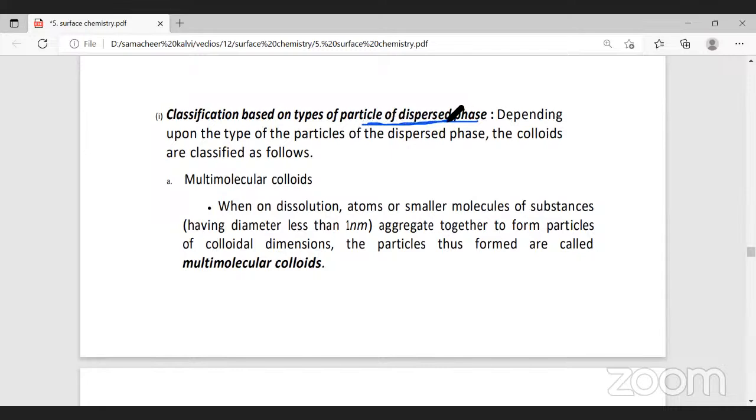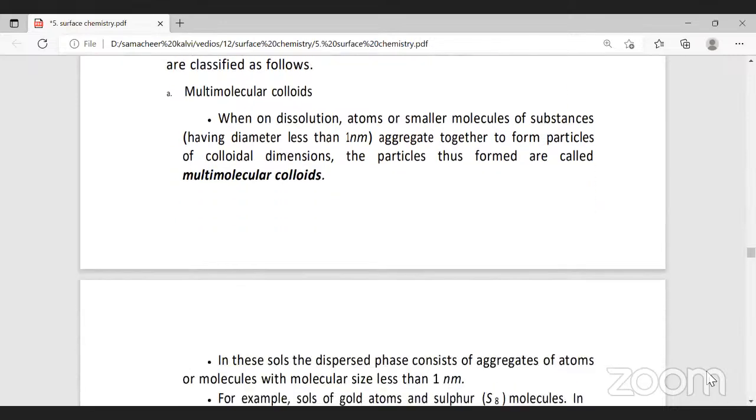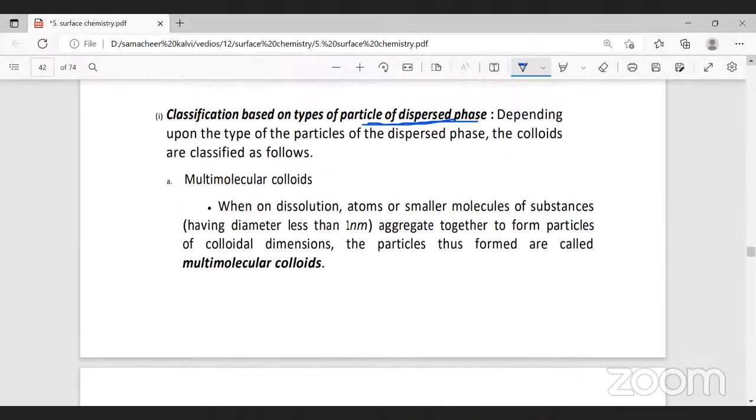Types of particles. Depending upon the type of particles of the dispersed phase, the colloids are classified into multimolecular colloid. This multimolecular colloid classification you do not have in the syllabus, but based on the particle of the dispersed phase, it is classified as multimolecular colloid.